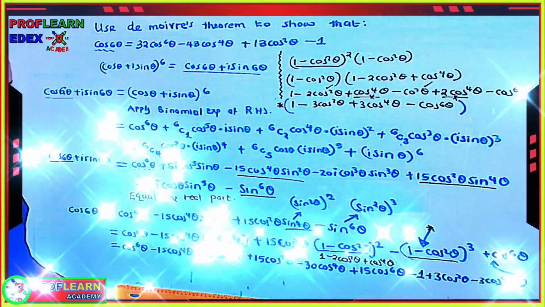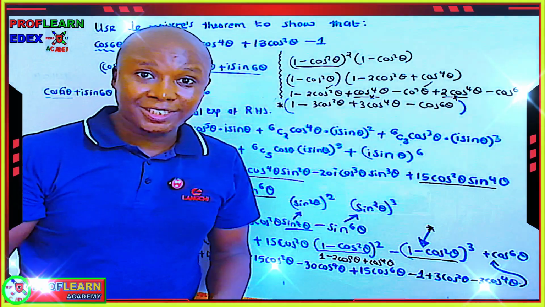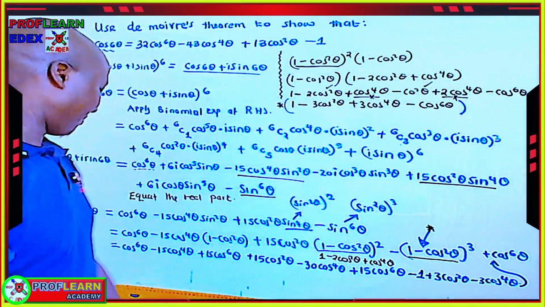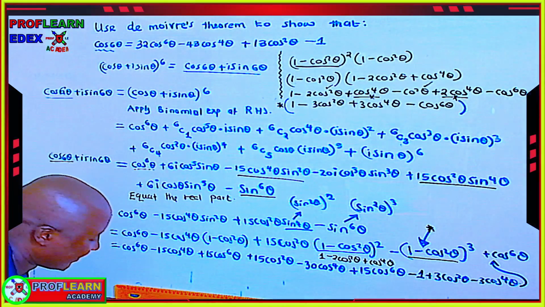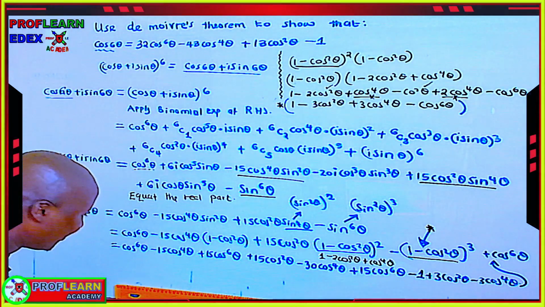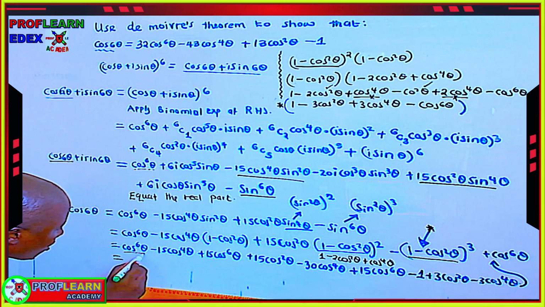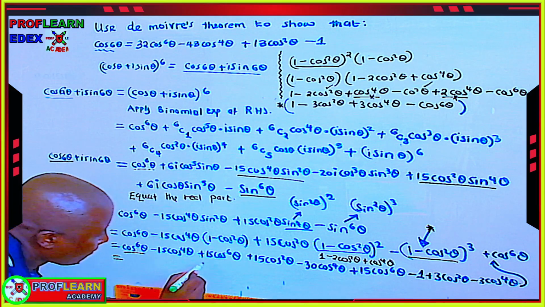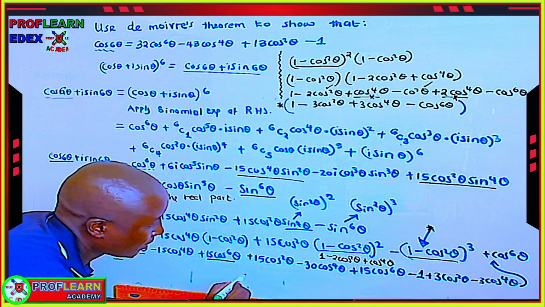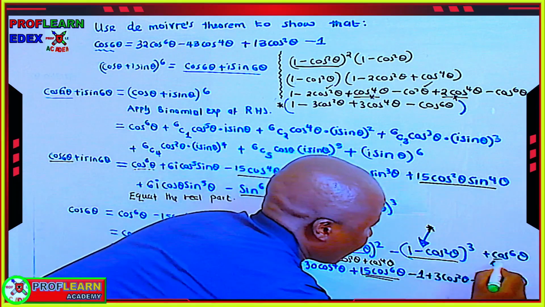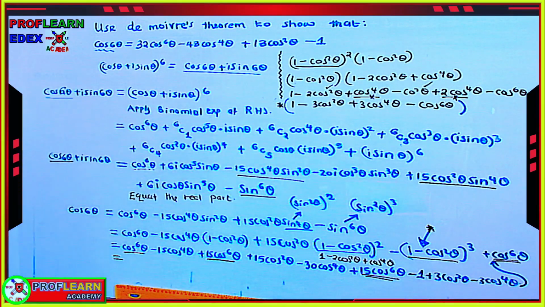Now we need to put the like terms together. Right, let's do it now. We are almost there. So this is going to be what? I want you to check with me where we have cos power 6, power 6, power 6, and power 6.